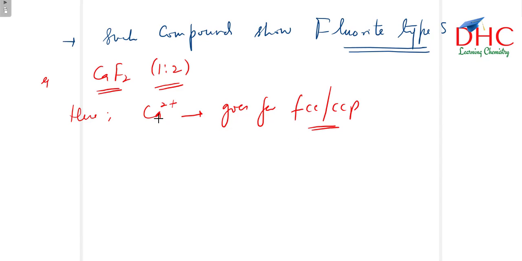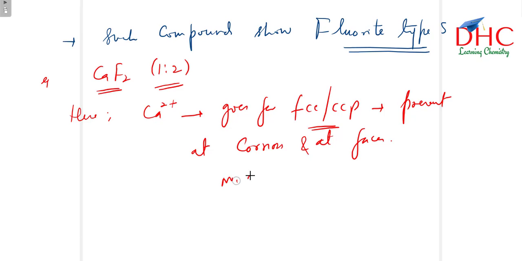So when calcium 2 plus undergoes FCC packing, obviously it is present at corners and at faces.